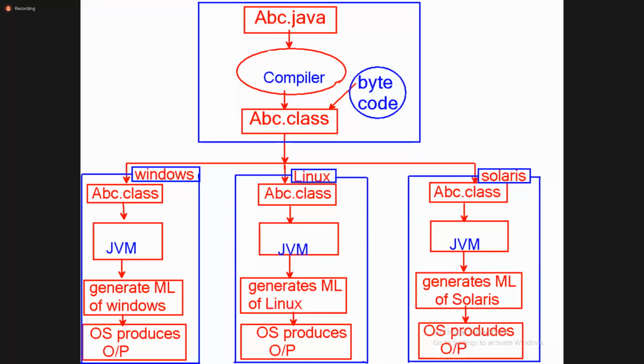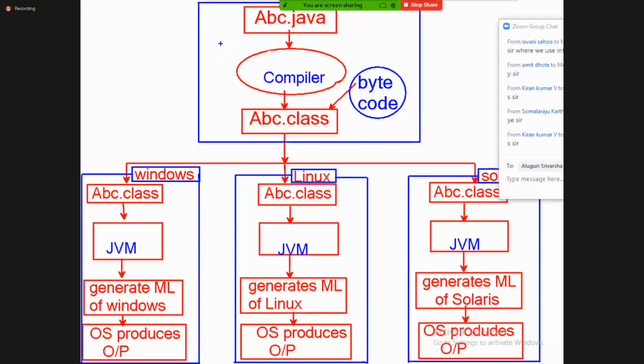Look at the diagram. All of you got clarity now? How Java achieved platform independency: Java achieved platform independency by moving machine language generation from compilation phase to execution phase by using new compiler software, bytecode and JVM.